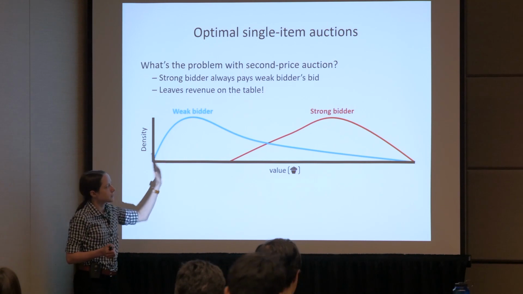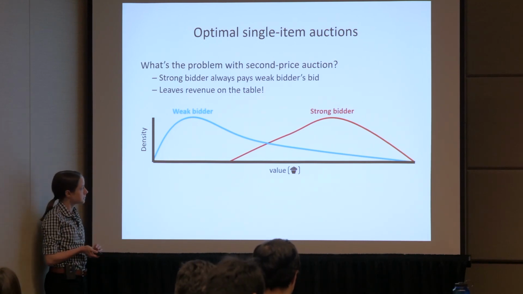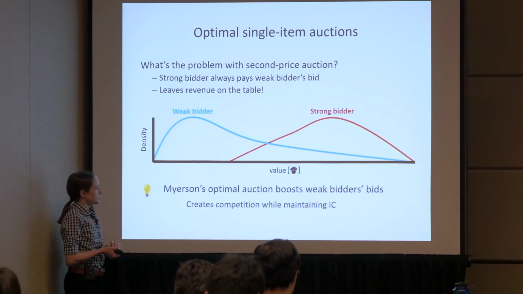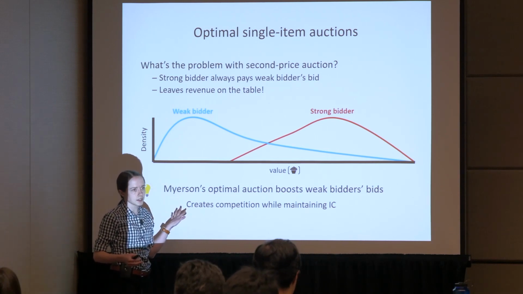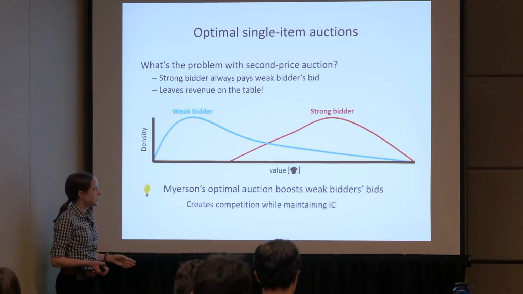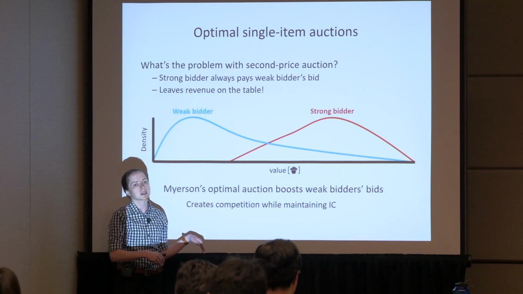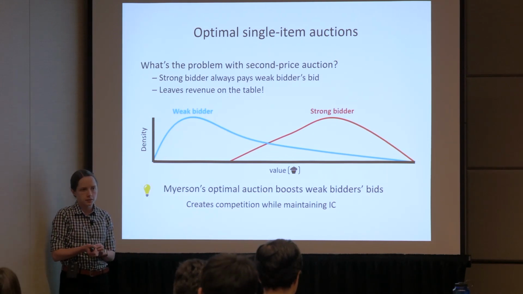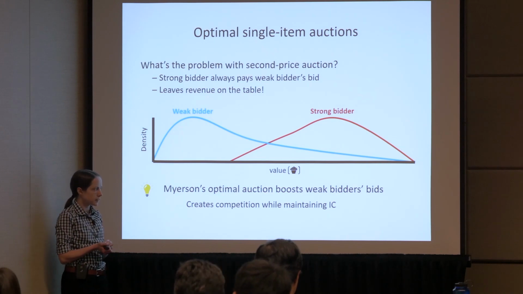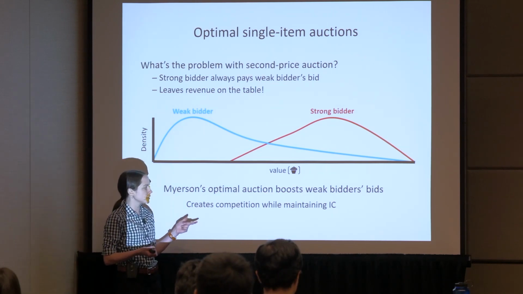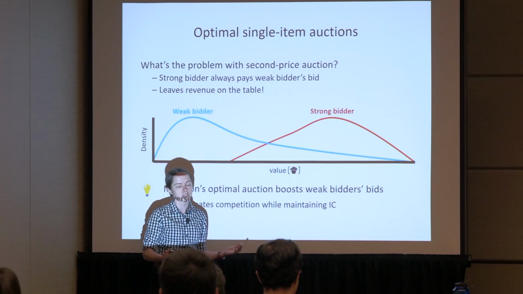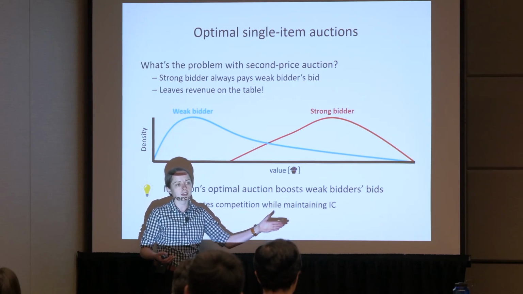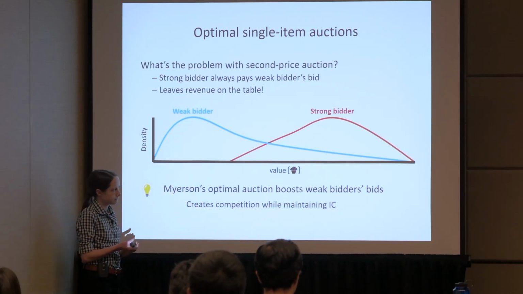So this leaves a fair amount of revenue on the table. What Myerson's optimal auction does at a high level is boost the weak bidder's bids, thereby creating artificial competition for the strong bidder. And miraculously, it's able to create this artificial competition while maintaining incentive compatibility.